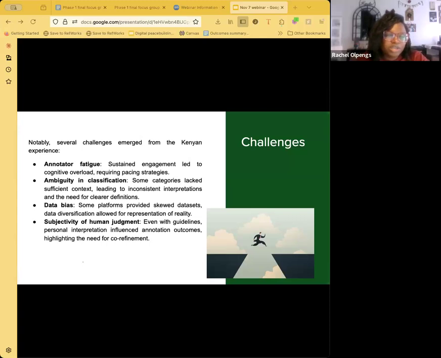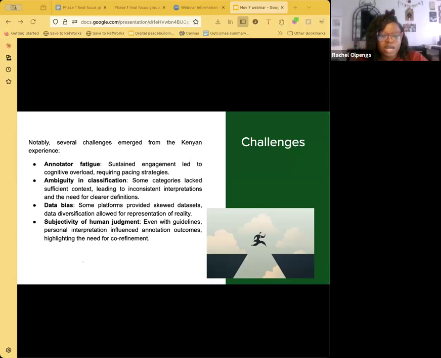Another challenge we faced was data bias. We were looking at content across different platforms: Facebook, X, I think TikTok, and some from Instagram. And when you look at how the Kenyan community engages online, it's different across these platforms.